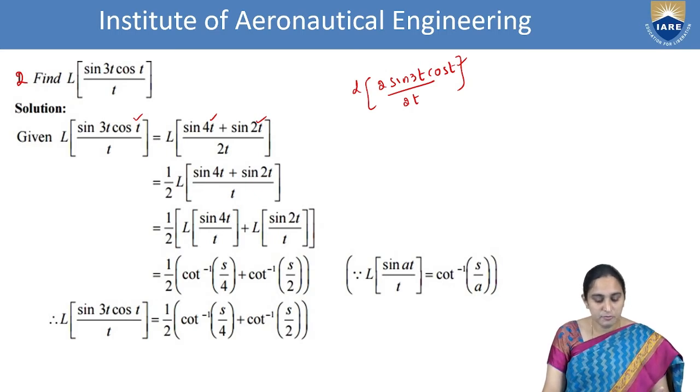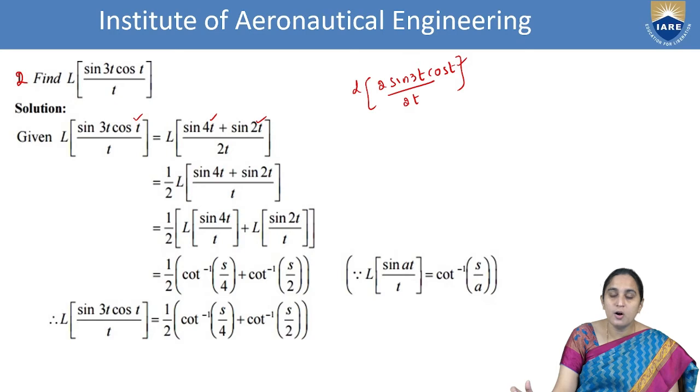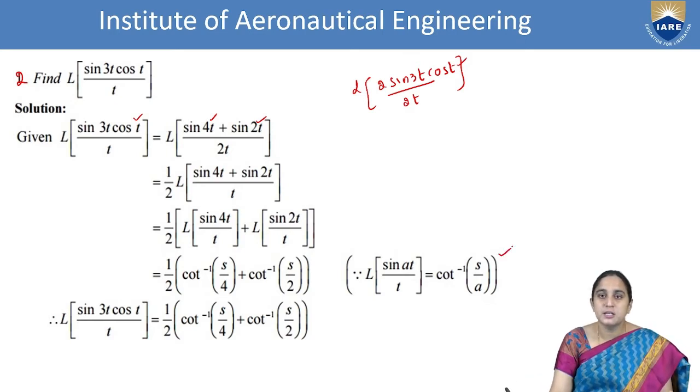Then directly the formula of Laplace of sin at by t. For that case, integral formula gives cot inverse of s by a. Laplace of sin at by t formula is cot inverse of s by a. But here what is a?